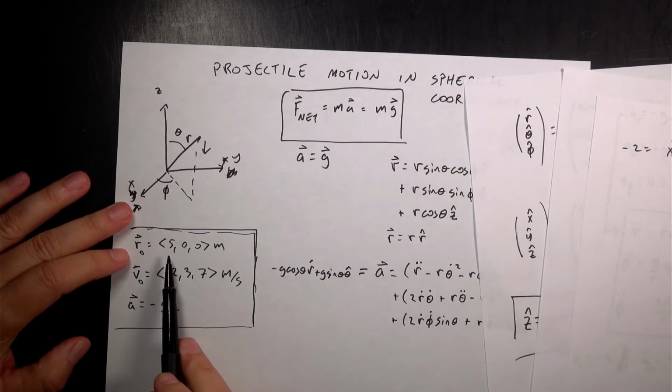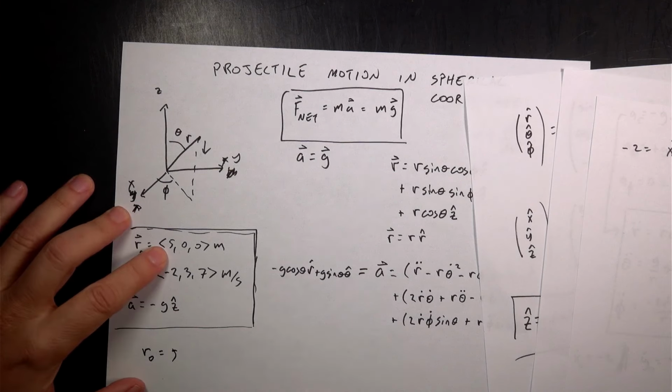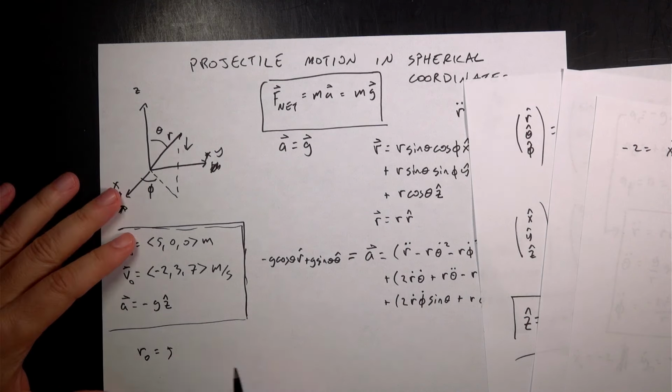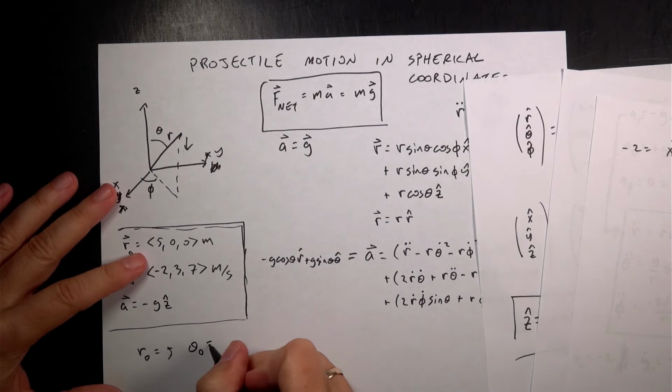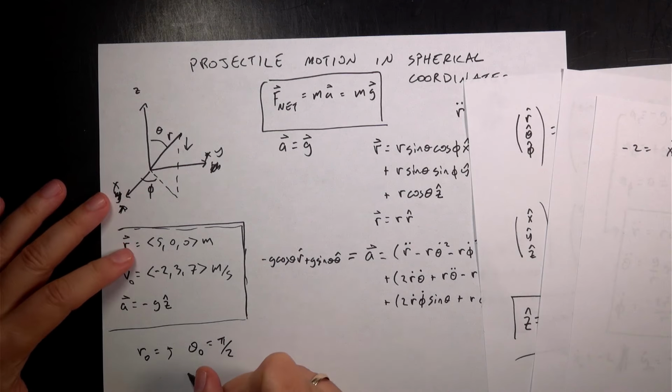So I picked an initial value. R0 is going to be equal to 5, right? Because of the magnitude. If it's on the x-axis, which it is, then theta 0 is equal to pi over 2, right? Because that goes all the way down there. And phi 0 is equal to 0.